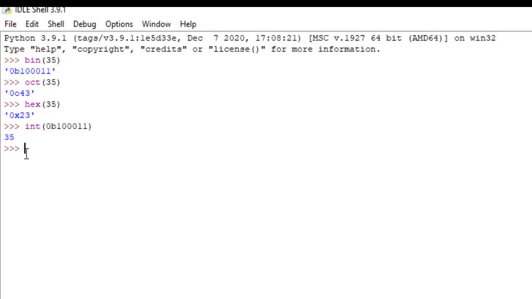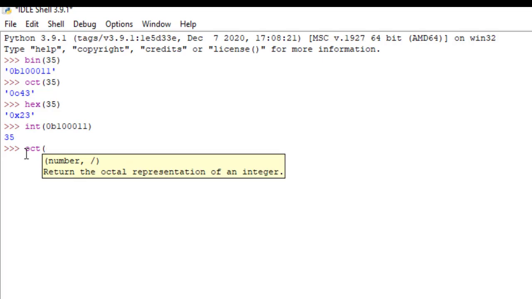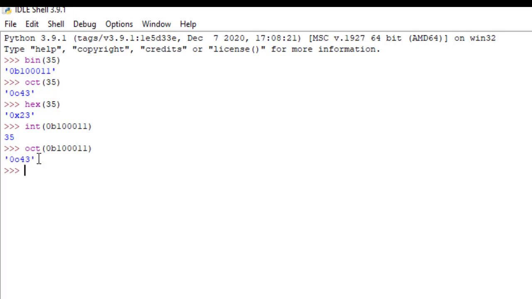Now I'll give the octal equivalent of this binary number. So 0b100011. Here you can note that we have got the same result which we got in line number 2. So can we convert this octal to decimal? Yes, of course you can convert. I should get 35. So here I am getting 43 because I did not use the octal prefix here.